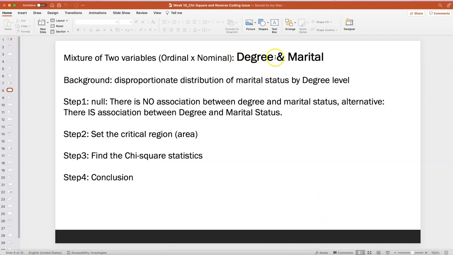Okay, next example. Degree is an ordinal variable because it is coded as less than high school, the lowest level of education, then high school diploma, associate degree, bachelor's degree, or any kind of university degree, and graduate degree and others. That is an ordinal variable, and marital status is a nominal variable.